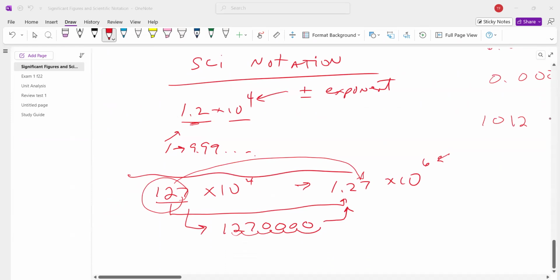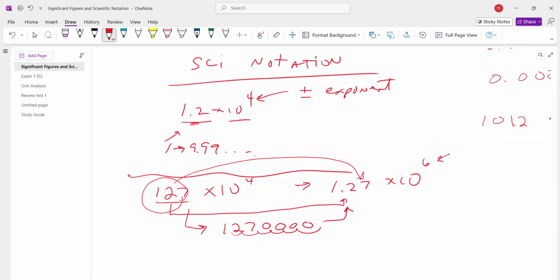What did we do to that number to go from 127 down to 1.27? Did it get smaller? Everyone say yes, it got smaller by a lot. So we divided to get that number. Dividing makes numbers smaller. So if we divided by a certain amount, we've got to multiply the exponent to make up for it, because the quantity is the same.